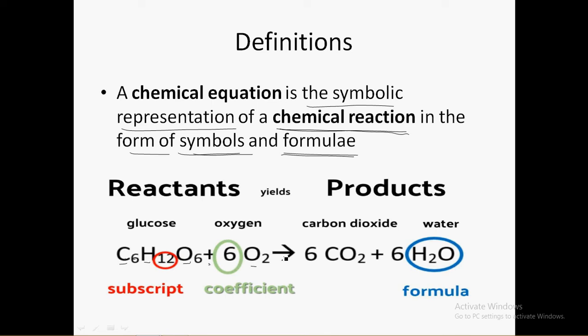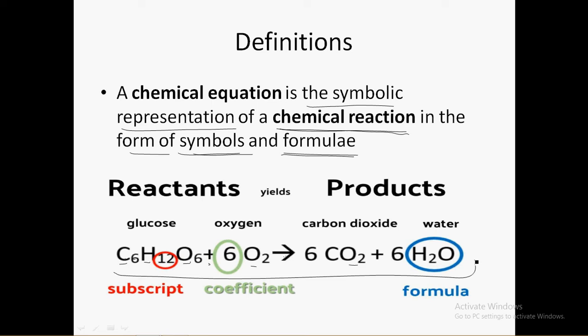Our result, this arrow means the result forms carbon dioxide plus water. This is a chemical equation, which contains reactants and the products.